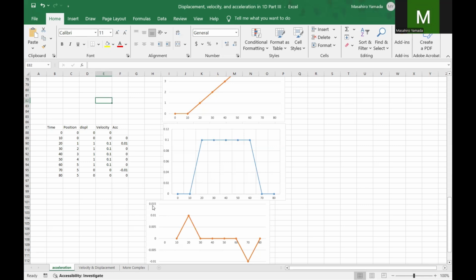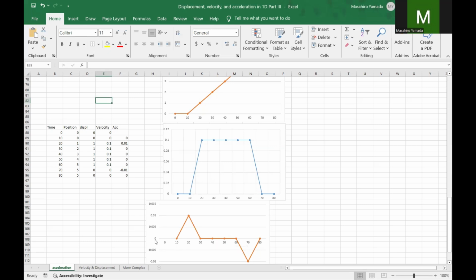So when you see a zero acceleration, it doesn't mean something is not moving. It could mean acceleration is 0 and velocity is 0. When the displacement is 0, so there's no motion, then there would be no velocity and no acceleration.